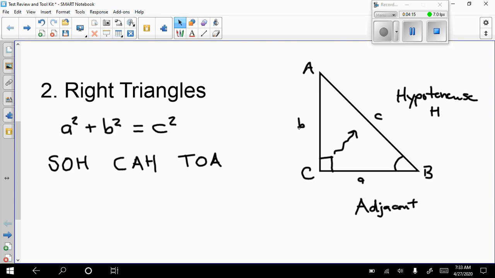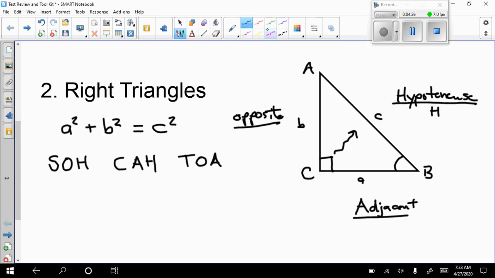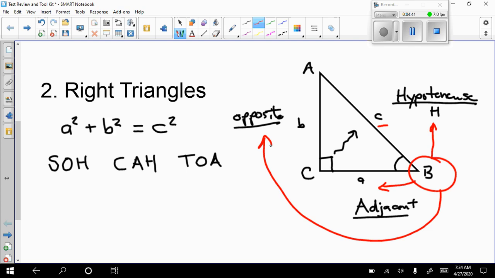And side B would be opposite angle A. So there they are. So relative to B, and I'm just going to circle B in a different color because that's what we're focusing on here. Relative to B, this side is the hypotenuse, C. This side is the adjacent, and this side is the opposite.